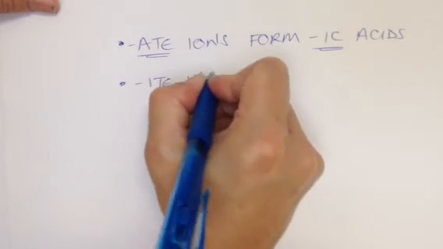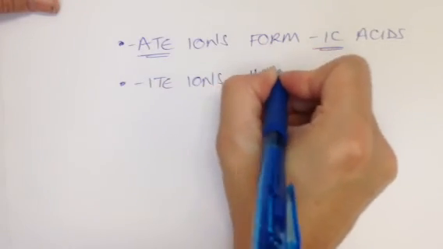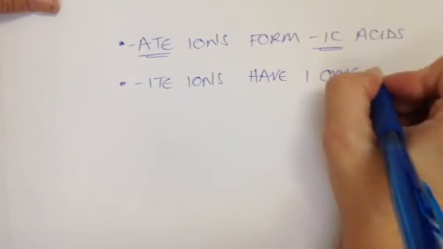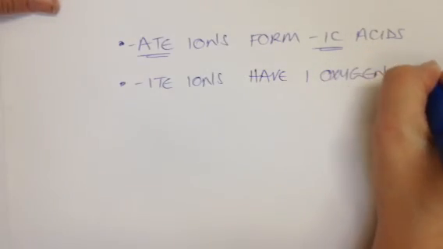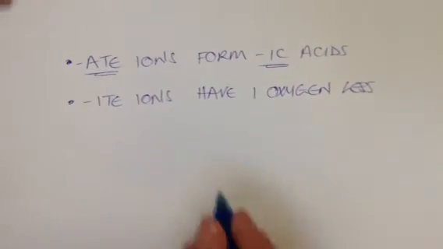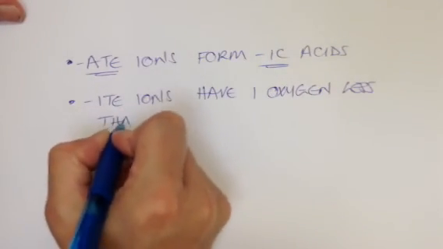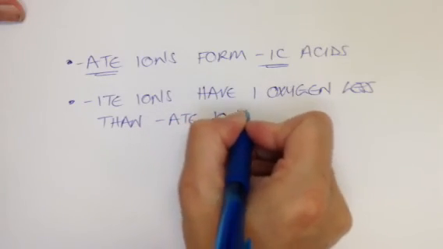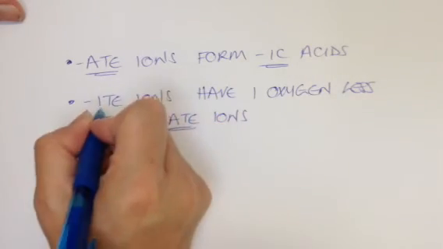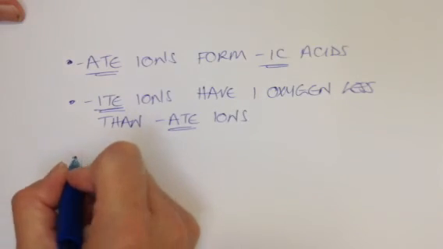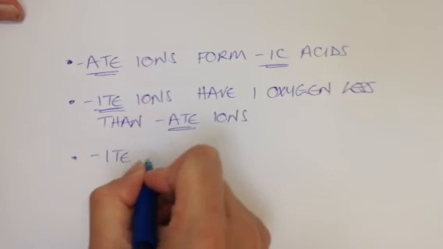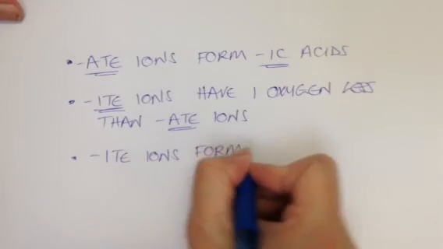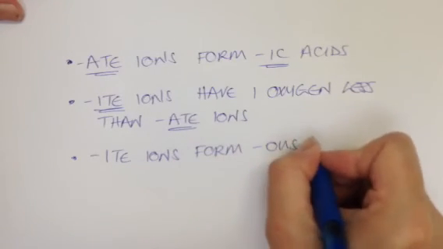Ite ions have 1 oxygen less than ate ions. And finally, ite ions form ous acids.